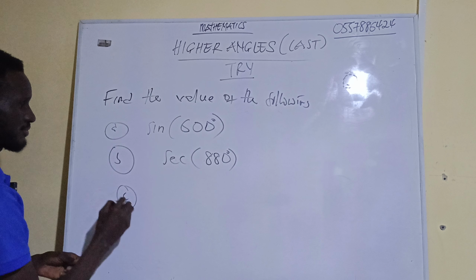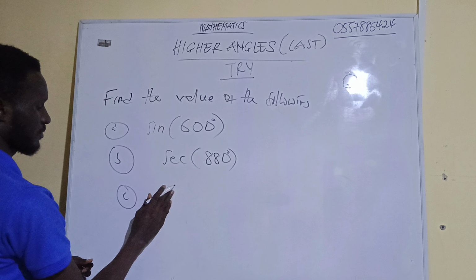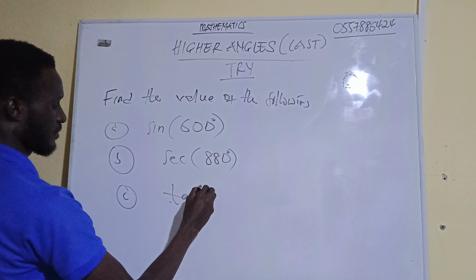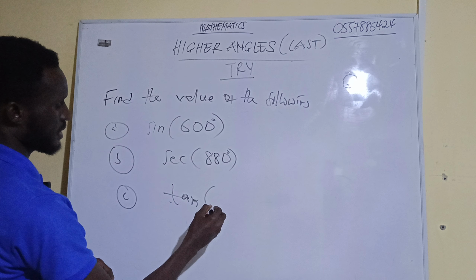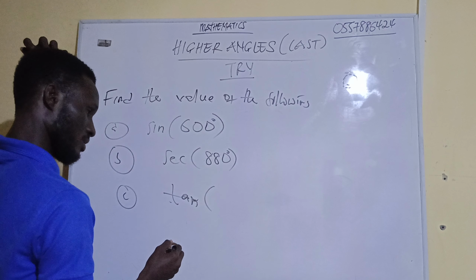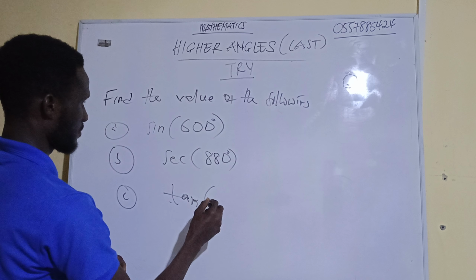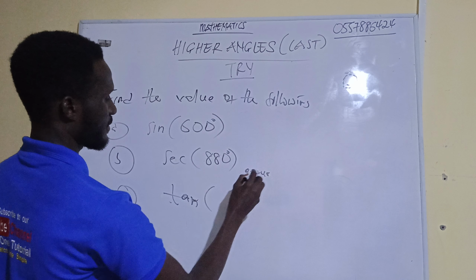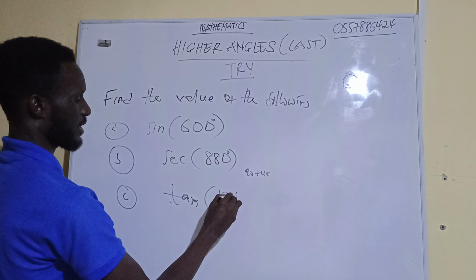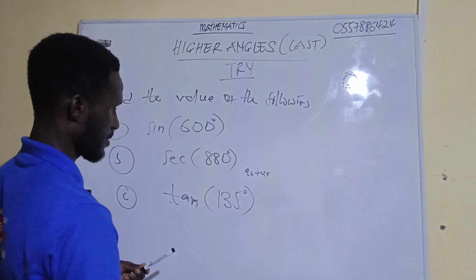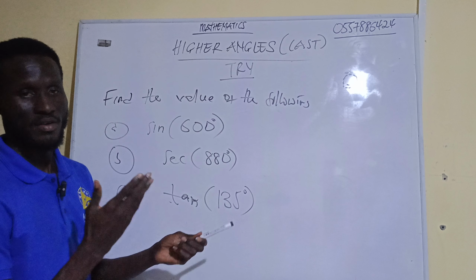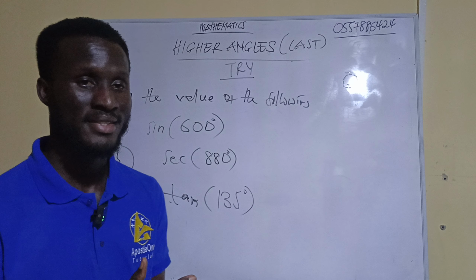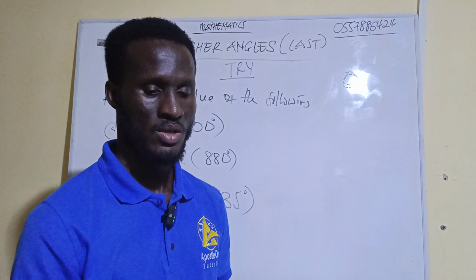And then C: tan, let's say 90 plus 45 gives us 135. Now solve these and then send the answers to me in the comment section. See you in the next video.